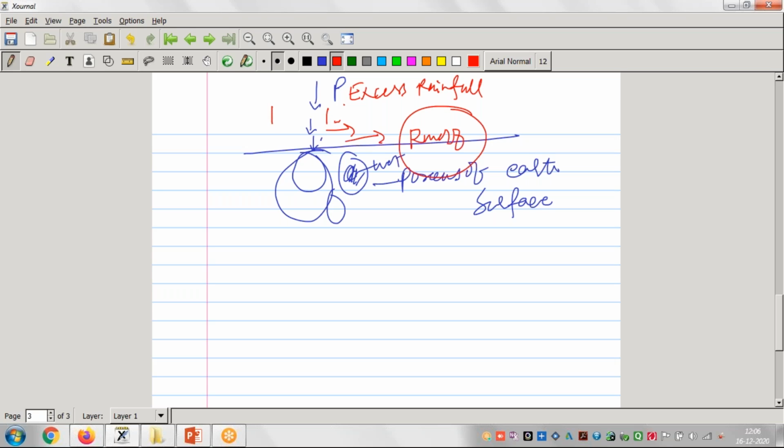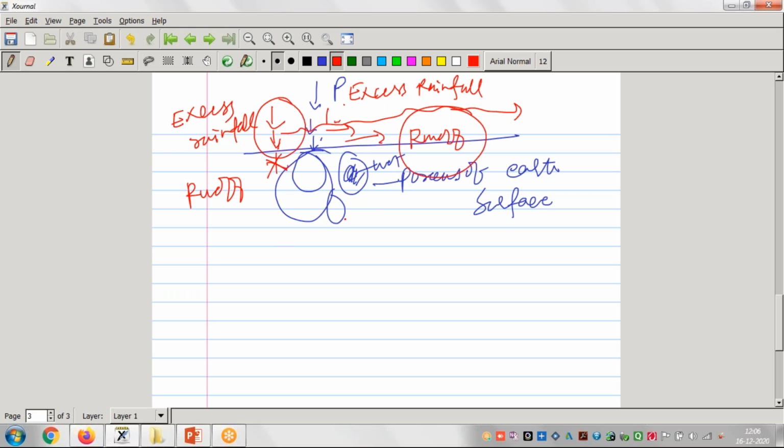Excess rainfall means the rainfall which comes here does not go inside, right? It flows directly here. So due to this excess rainfall, runoff occurs, right? And we have already seen that this runoff is called the direct runoff, right?